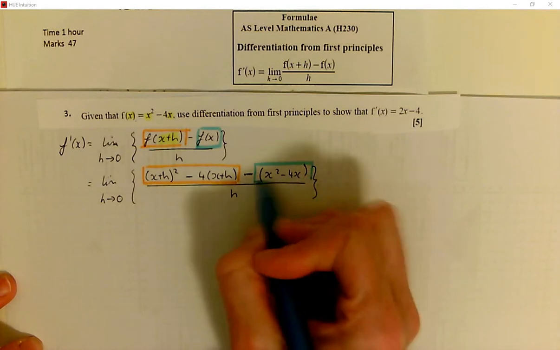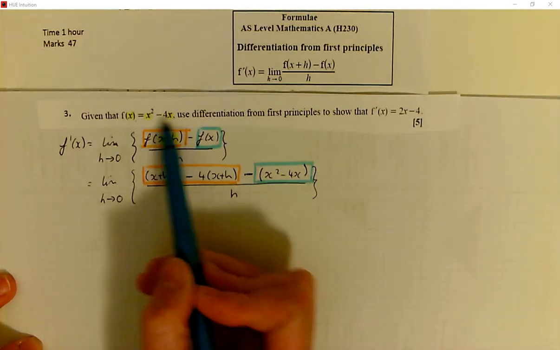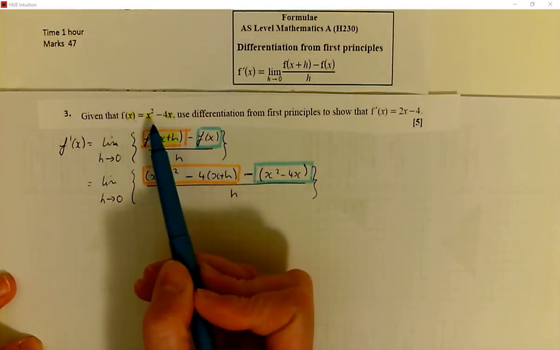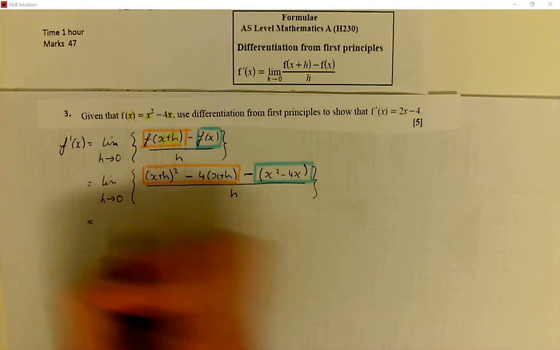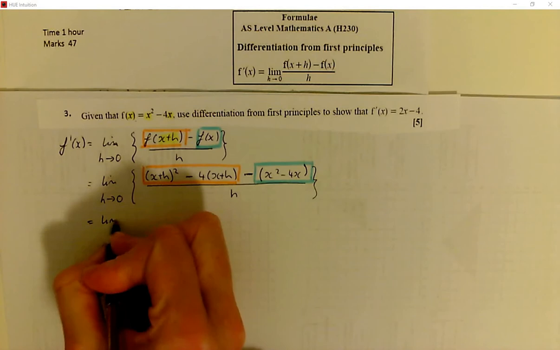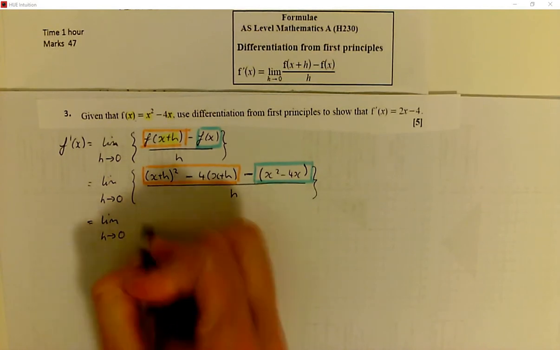We put it in brackets because f of x has more than one term and we don't want to mess up our signs. That seemed to be where the most mistakes have been made, so that's why I've gone over it really carefully. Now it's just algebra, but we have to be careful not to make mistakes.